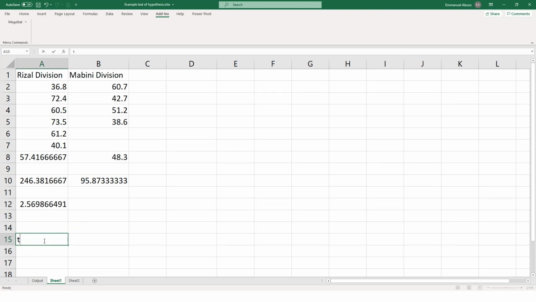Okay, so we have, take note, equal sign. Let's have three open parentheses. We have the sample mean of the first group minus the sample mean of the second group.